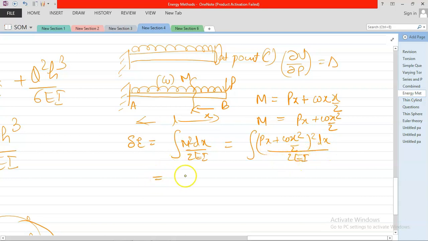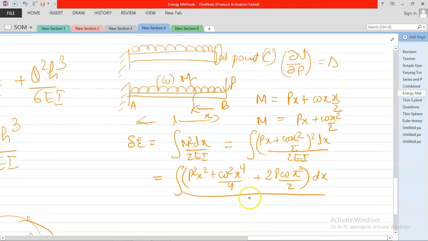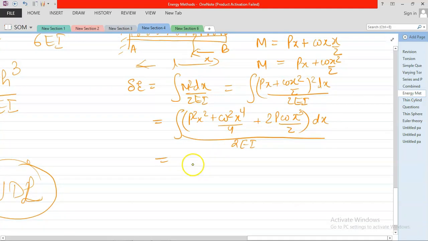So if you first square the inner term, that is P square x square plus W square x to the power 4 by 4 plus 2 times P W x cube by 2, dx upon 2EI. I am taking 1 upon 2EI outside, I will cancel it later.